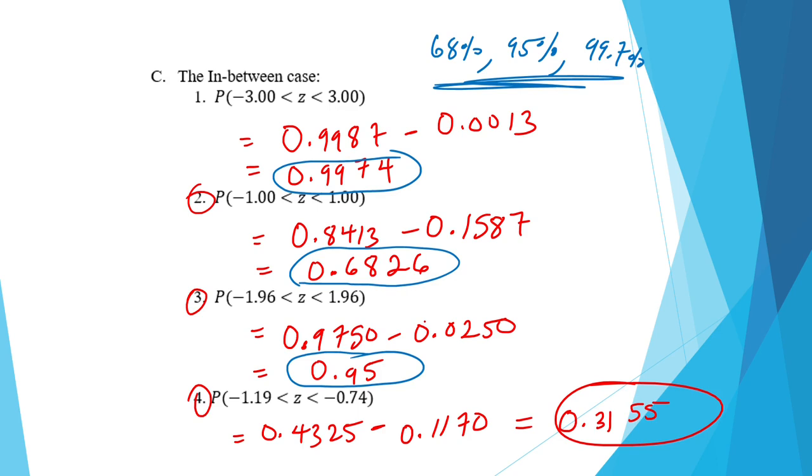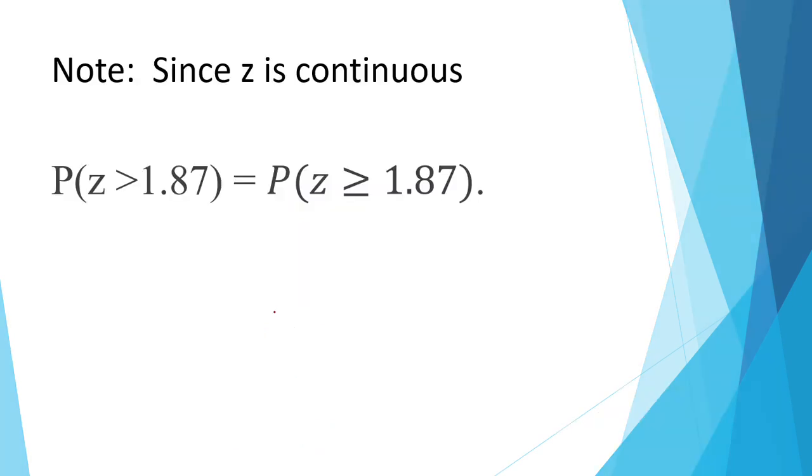So if we want to find the area between the two curves, subtract the area of the bigger minus the area of the smaller. If we want to find the area to the right, we always subtract from 1. And if it's just area to the left, we just use the table. Note, since z is continuous, the probability of z greater than 1.87 is equivalent to the probability of z greater than or equal to 1.87.